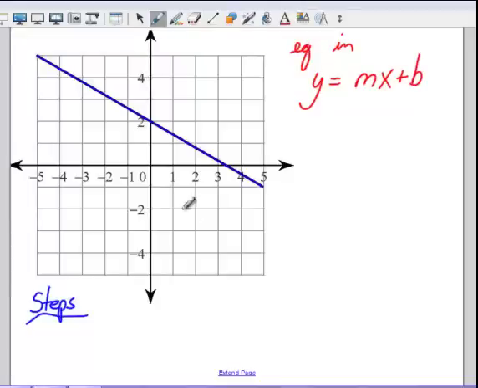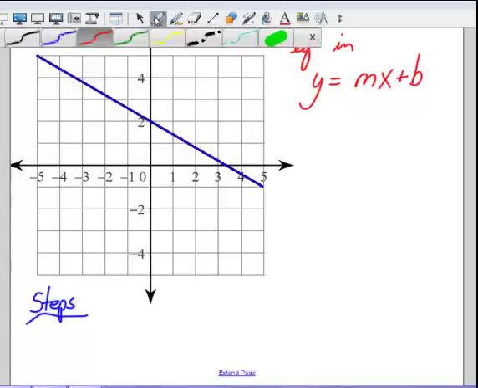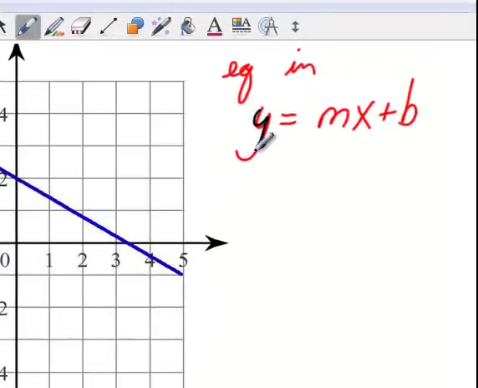So if we're doing the problem, I'm going to see that my equations have a y and an x. No matter what, I have a y and x in every single one of my equations. And the equation has to have an equal sign too. So that means that I have my y and my x.